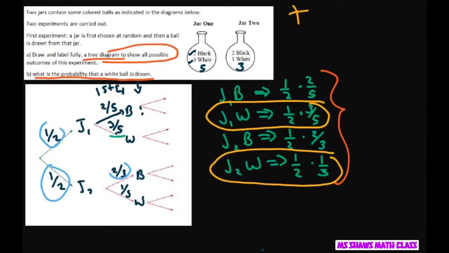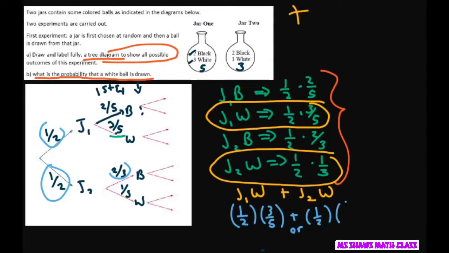So we're going to get jar 1 with the white, or jar 2 with the white. So this is going to be 1/2 times 3/5 plus 1/2 times 1/3. And when you put that in your calculator, you're going to get 7 divided by 15 is your probability.